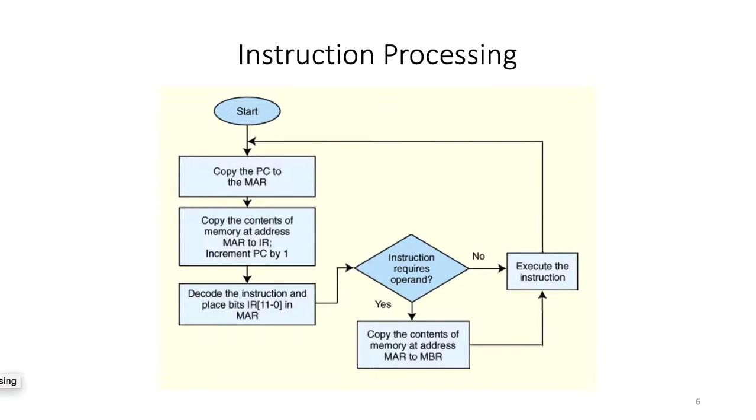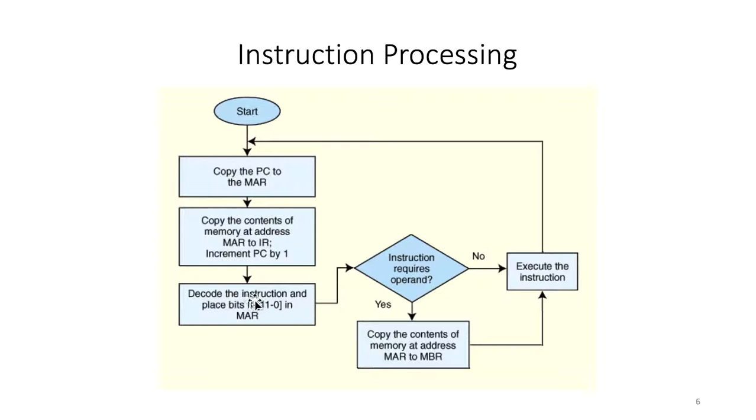Here is the instruction processing in a flow chart. First of all, we start, and then we copy the program counter to the memory address register, and then we copy the content at the memory address register to the instruction register, and then we increase the PC by 1.